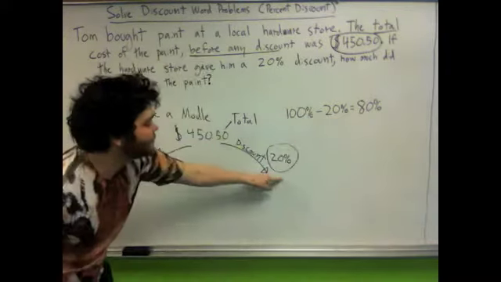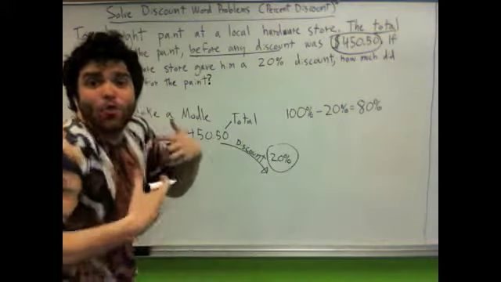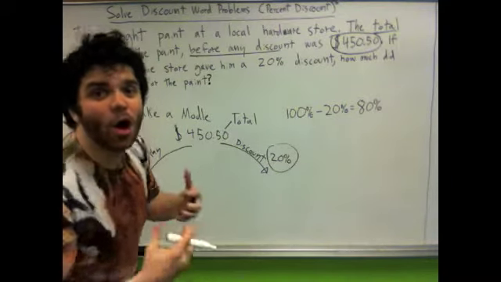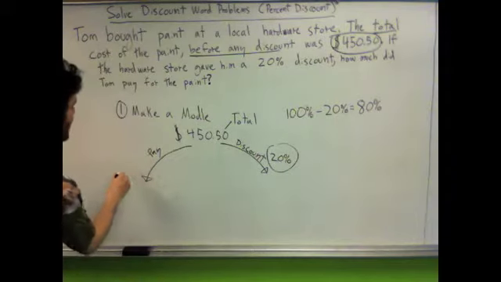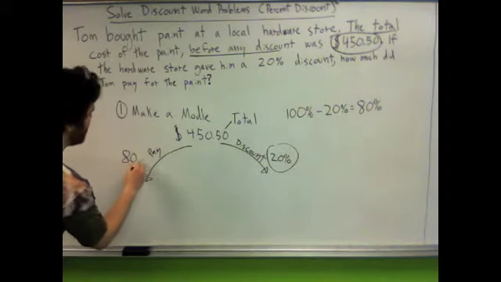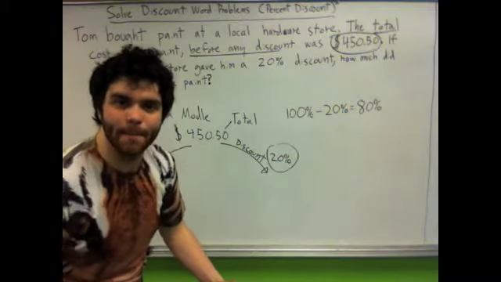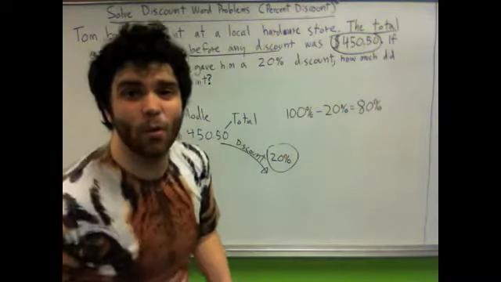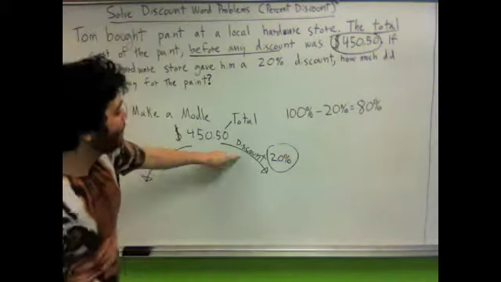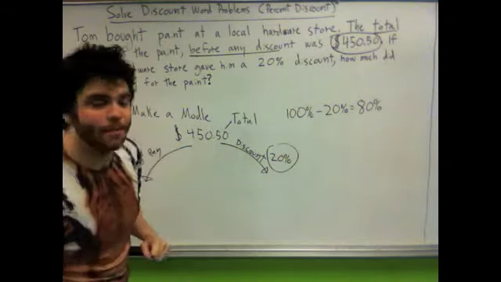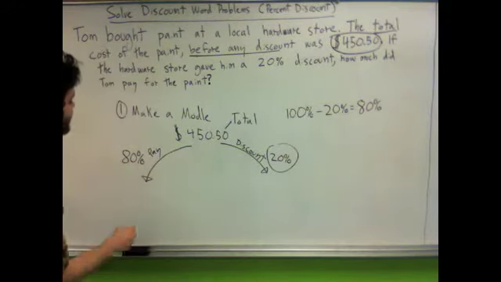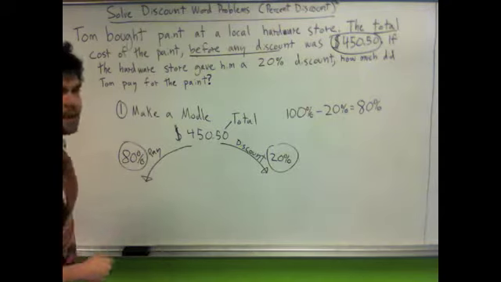If you got a 20% discount, you've got to pay the rest. Percents are out of 100, so you need to pay 80%. So now we have a lot of important information. We have how much our discount is, 20%, and we have how much we have to pay, well that's 80%.